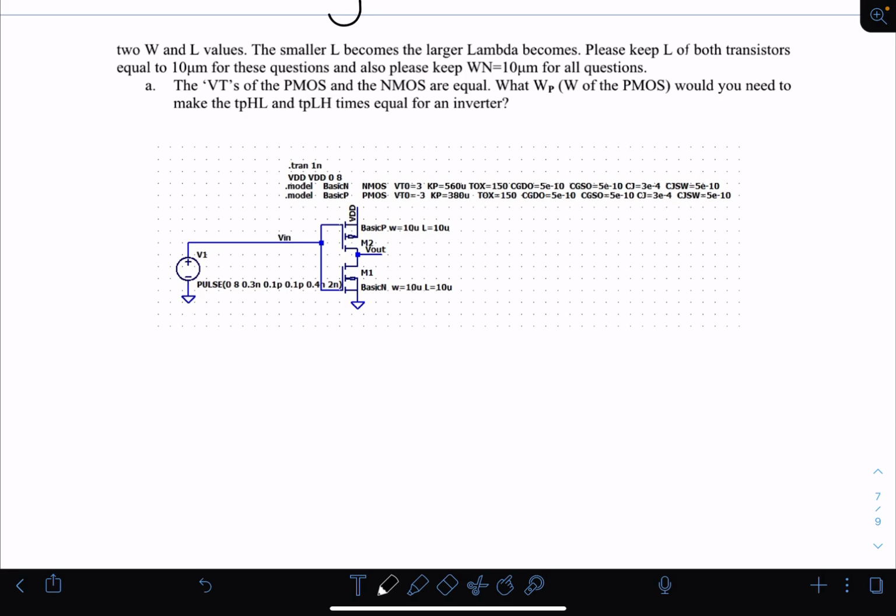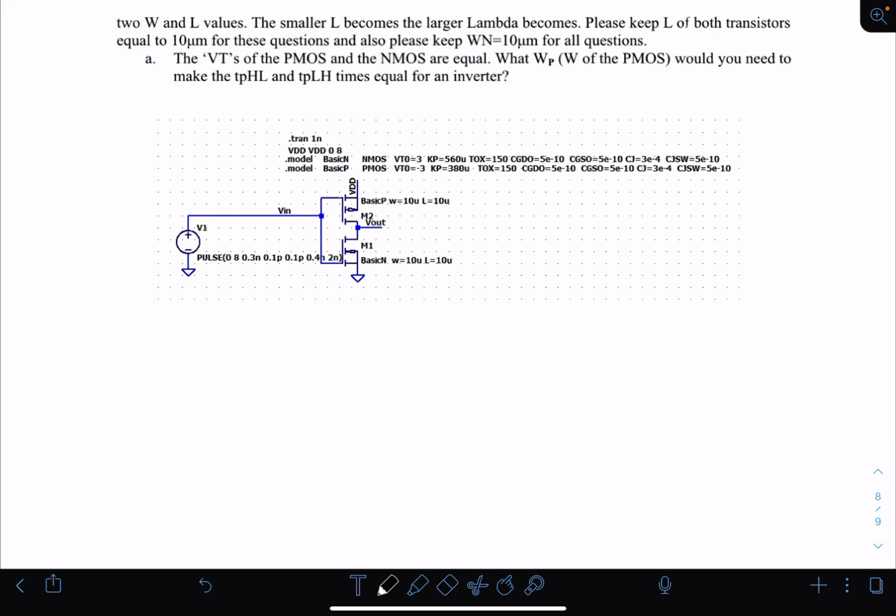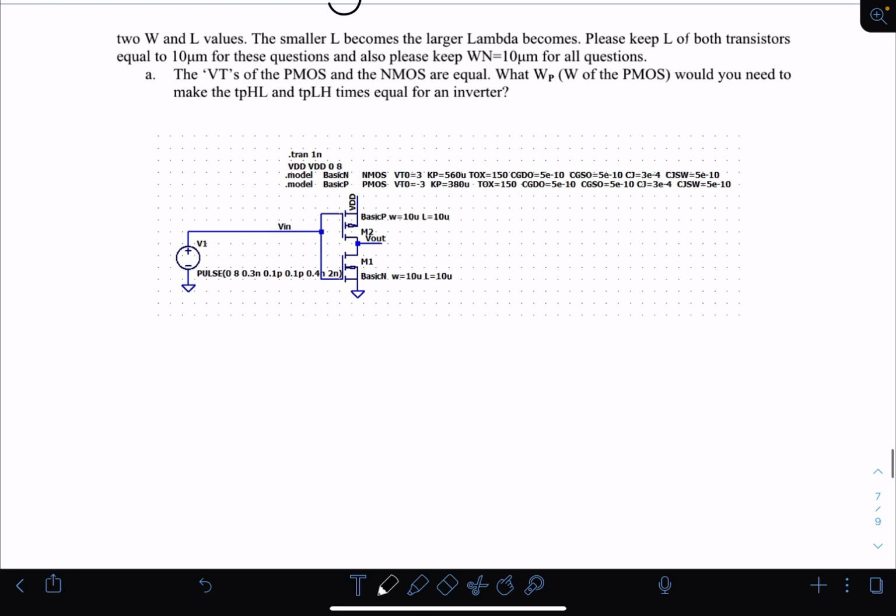So the process for this one is we want to have the current, because the propagation delay and T rise and T fall are related to the current through the transistor. We're going to want to set the current through the transistors equal to each other.